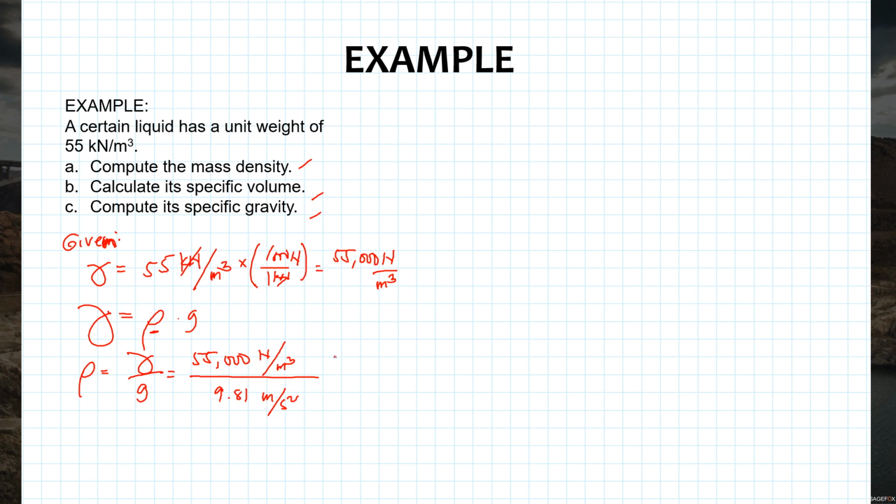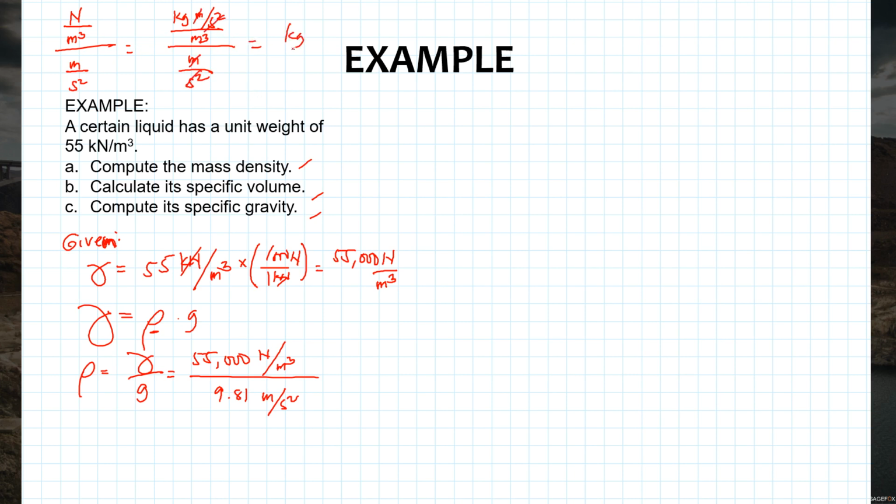Again, to review the units, why we use Newton: Newton per cubic meter is divided by meter per second squared. Newton has an equivalent unit of kilogram meter per second squared, divided by cubic meter. Then you divide it again by meter per second squared. So this will be cancelled out again. Second squared is cancelled out.